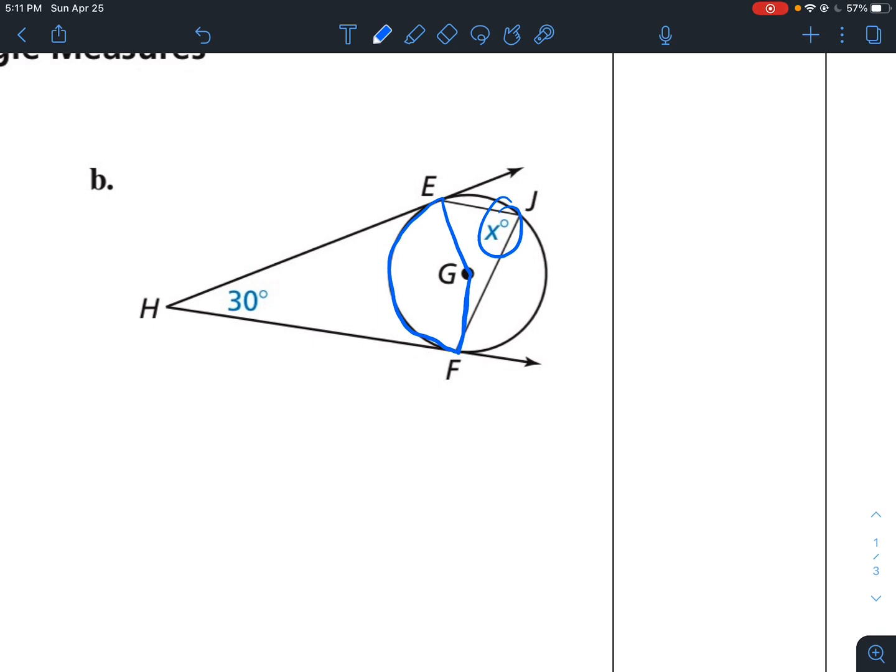So the measure of EF has to be 2 times the measure of x. So this has to be 2x, and this measure right here would also have to be 2x. So the central angle would have to be equal to 2x because it's the same as that arc. Okay, so this has to be equal to 2x.